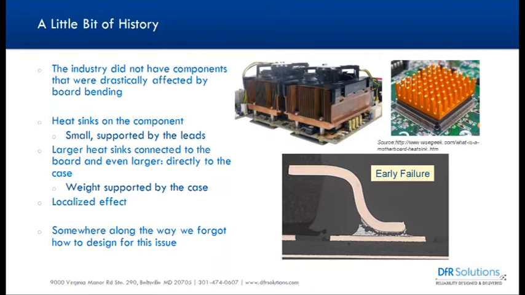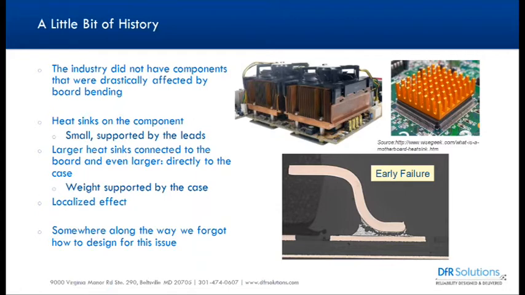It's kind of funny. We used to have heat sinks like you see on the top right. That's what they used to be. It used to be a small thing connected onto a single component, and it basically only affected that component. It was glued to the top of it, and that's that. Nowadays, the heat sinks are what you see on the top left, which is a little bit more interesting. And in general, we see cases that are directly connected to boards.